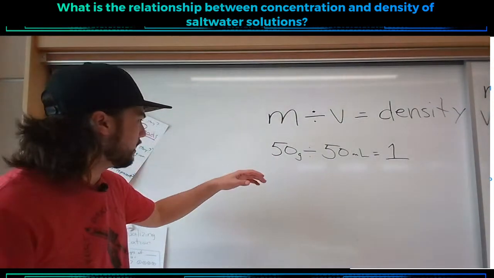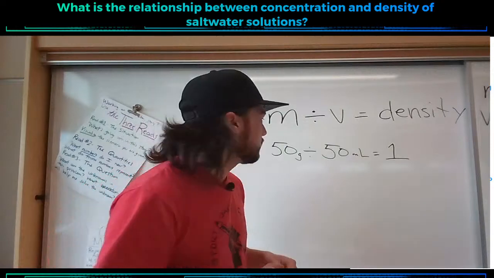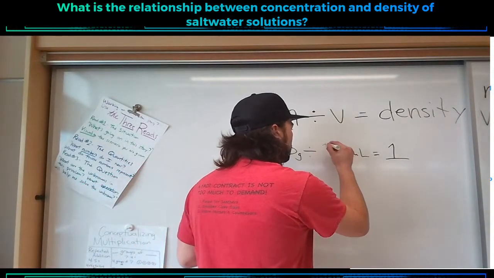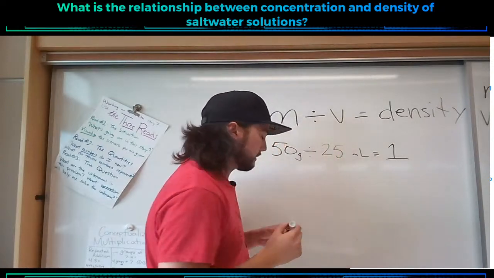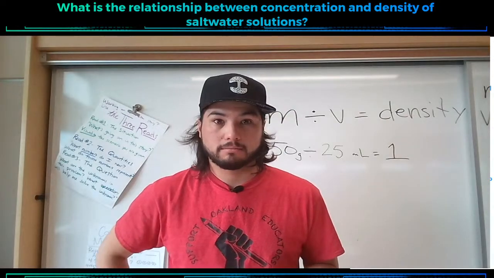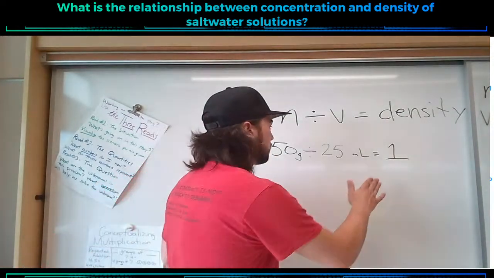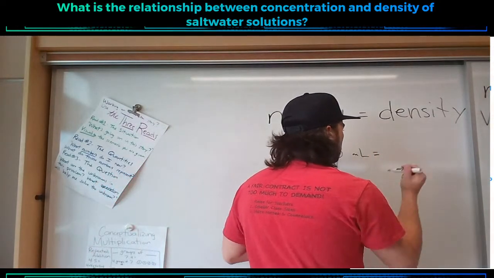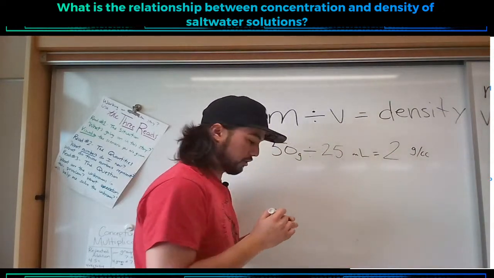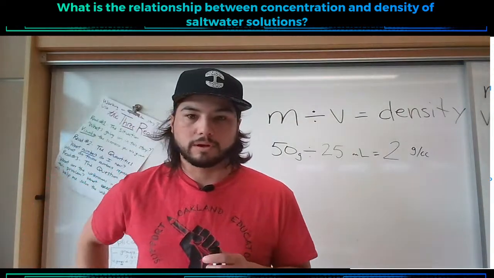Let's say we had 50 grams of weight, but only in a 20 or 25 milliliter space. 50 divided by 25 would be 2 grams per cubic centimeter, right?